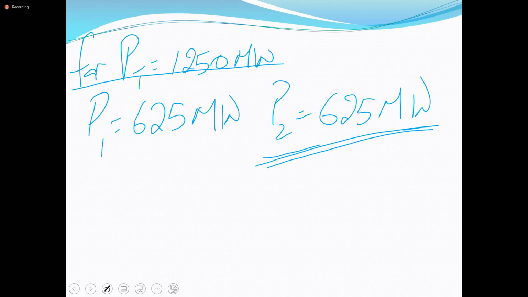So when unit 2 is pushing out 625, unit 1 was at 500, then it came up to 600, then to 625, as the load was increasing towards 1250. So the additional megawatt was coming from unit 1. So the plant lambda will be dictated by lambda 1 at P1 equals 625.